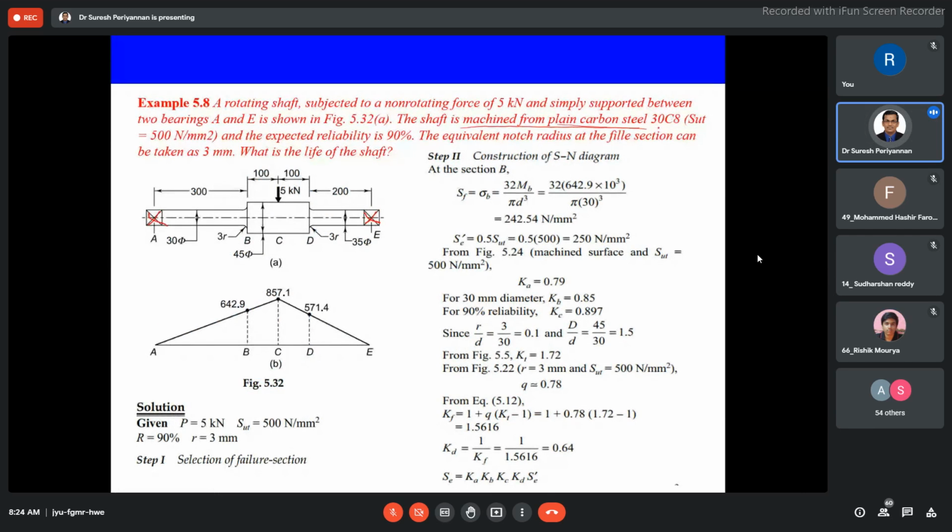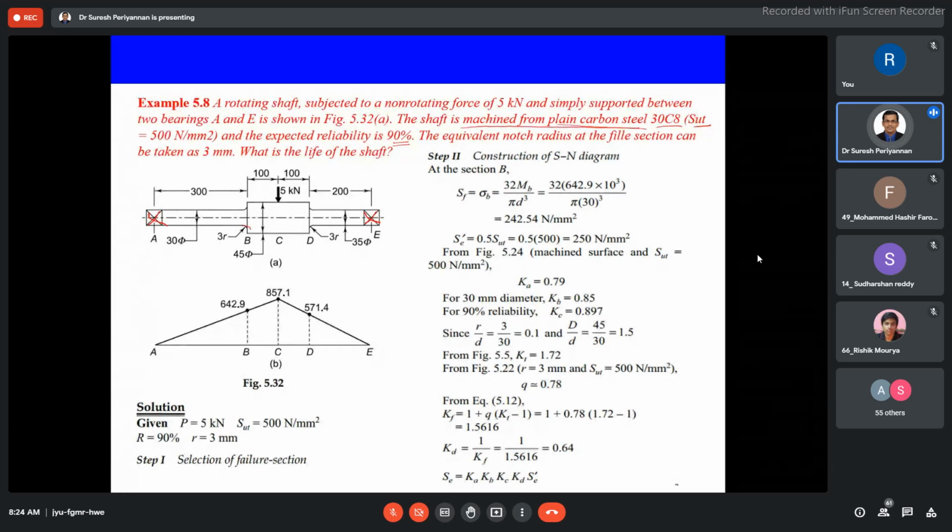The material is 30C8 and the ultimate strength is given as 500 Newton per mm squared, and the expected reliability is given as 90%. Now the equivalent notch radius of the fillet section can be taken as 3 mm, and this 3 mm is nothing but this fillet.